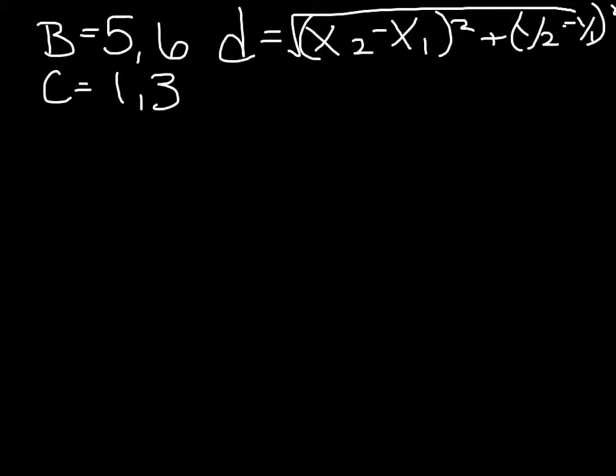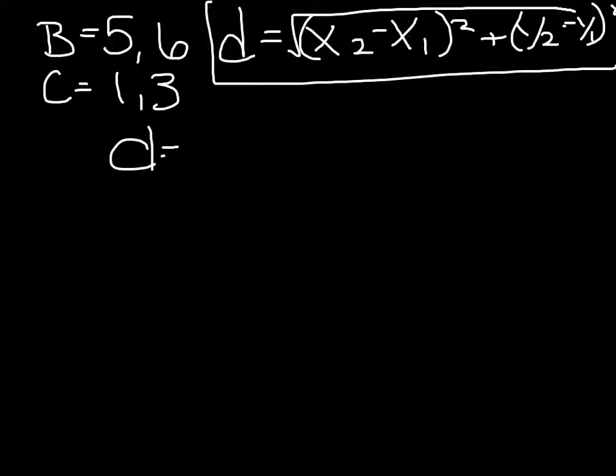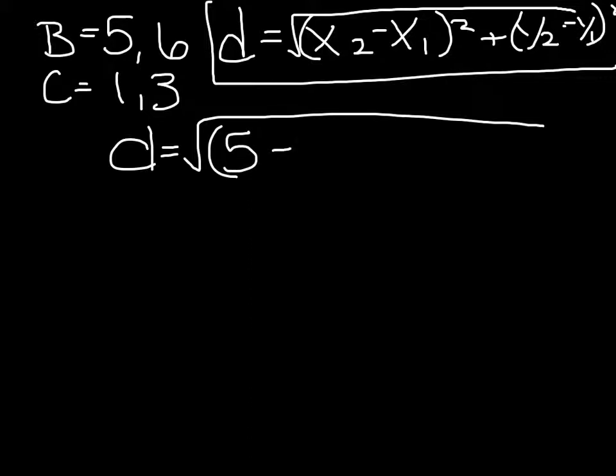Okay, so now that you have the distance formula up there, let's start plugging these numbers in. Distance equals the square root of, and the x2 in this case would be 5, minus the x1 which would be 1, squared, plus the y2 which would be 6, and the y1 would be 3, squared.